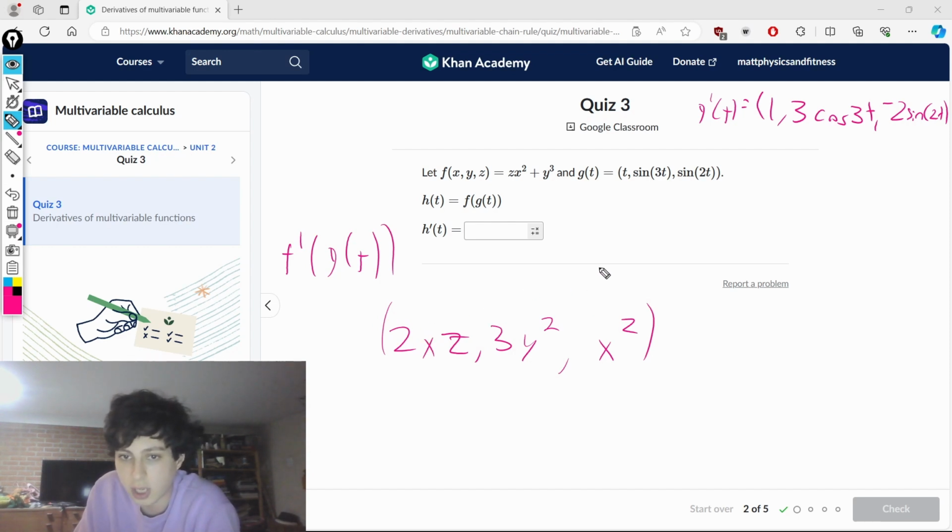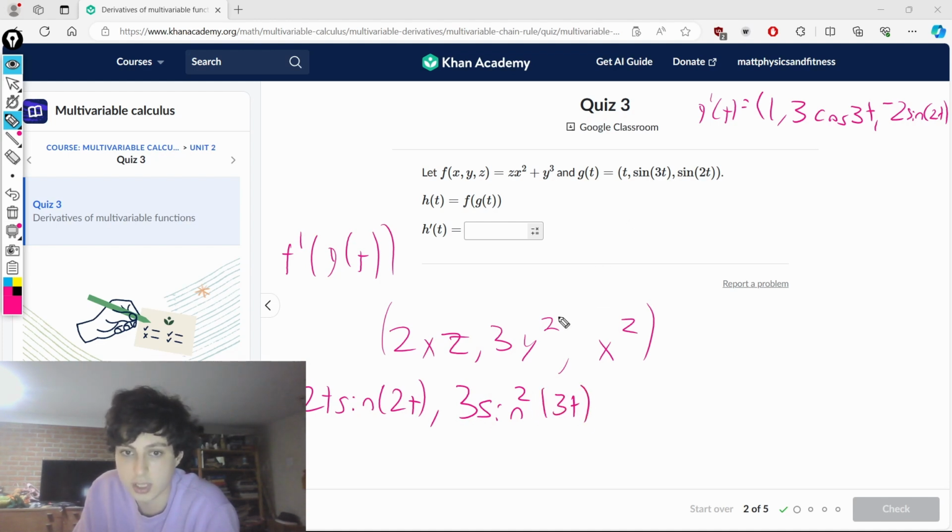Because now we have three numbers here that we can do our dot multiplication, like we thought, what we think might be dot multiplication. 2xz, 2t sine 2t. Perfect. 3y squared, 3 sine squared 3t.